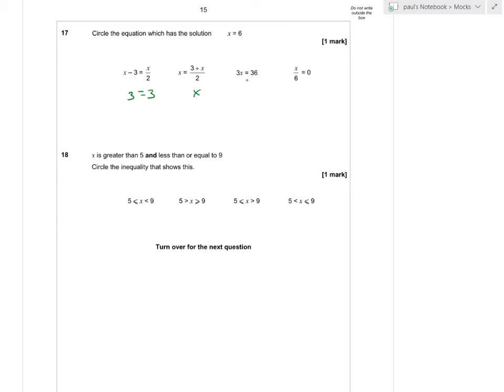No. 3 times 6 is 18. No. 6 divided by 6 is 1. No. So I shall circle that one. Okay. X is greater than 5 and less or equal to 9. Greater than 5 there, less or equal to 9, so it's that one.